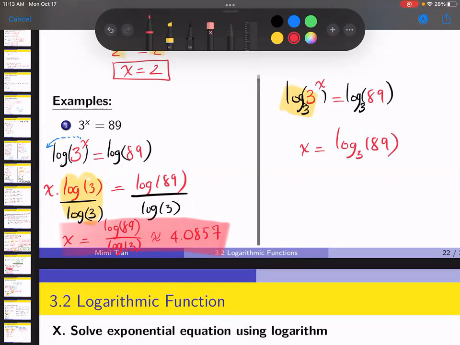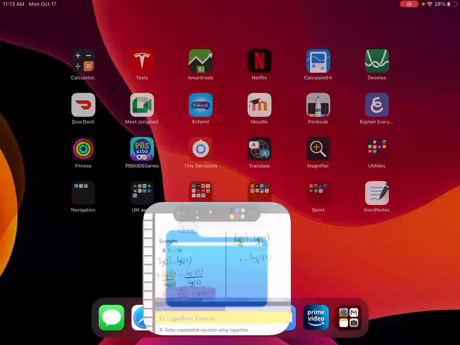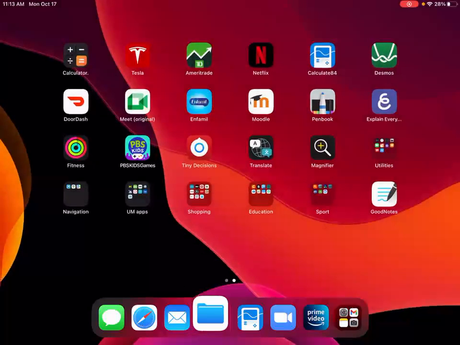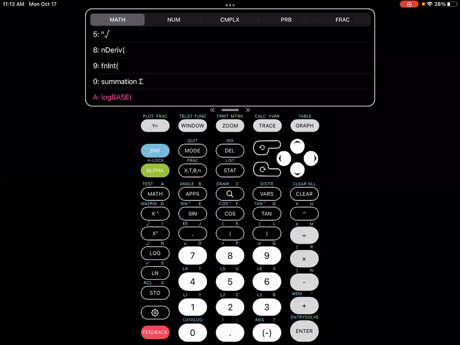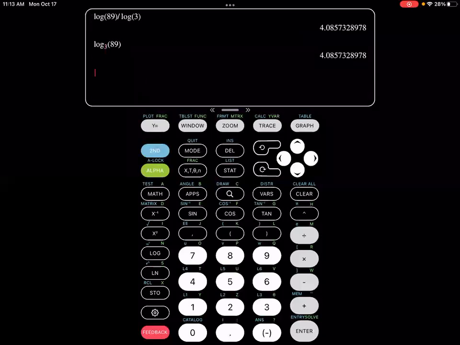Log base b of n equals what? Log n divided by log b. Same thing. So log base 3 of 89 is the same thing.